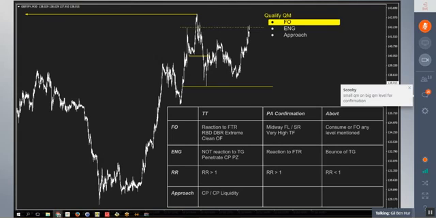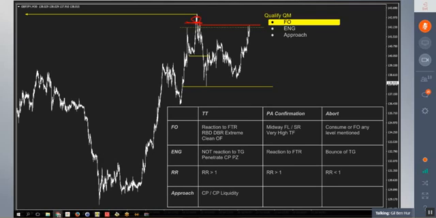Yeah, I was saving it to the last. Here, this is the level that really was precise on this, and let's say it's an M5 or even M1 Quasimodo bouncing off this level.